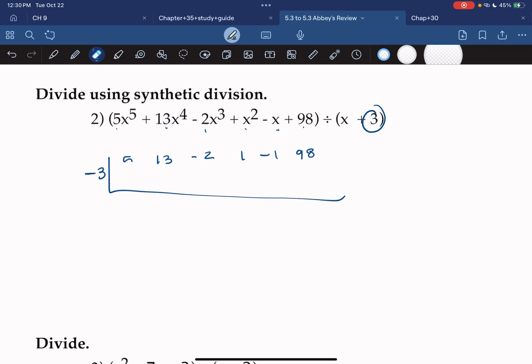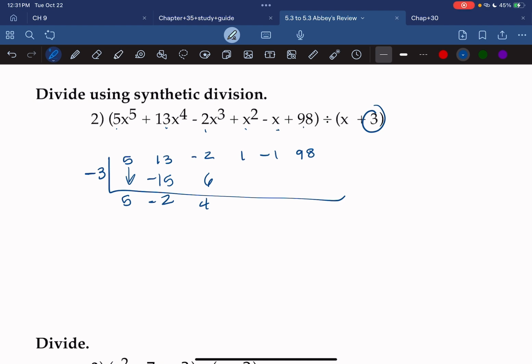We bring down the 5. Negative 3 times positive 5 is negative 15. 13 minus 15 is going to give us negative 2. Negative 3 times negative 2 is going to be positive 6. Negative 2 plus 6 is going to be 4.